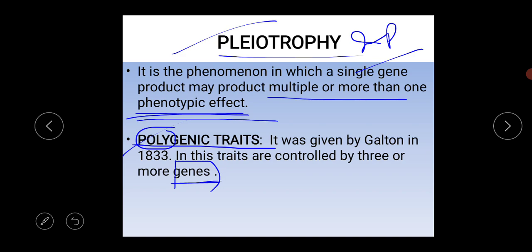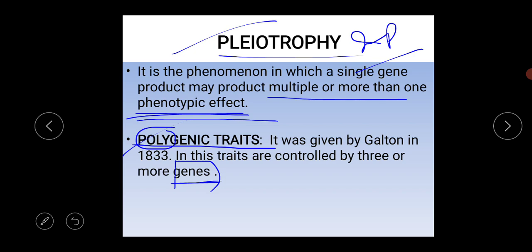In multiple allelism, the gene is 1 but the alleles are more than 2. But in polygenic traits, one trait is controlled by 3 or more genes. So these are the basics of polygenic traits.